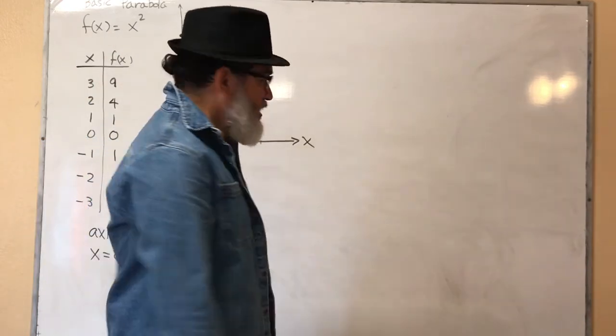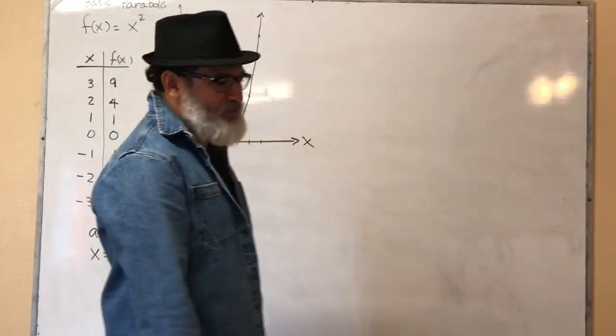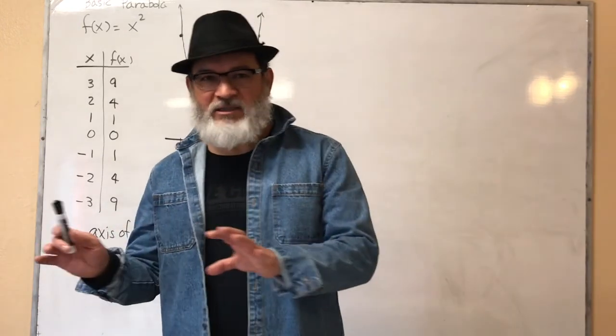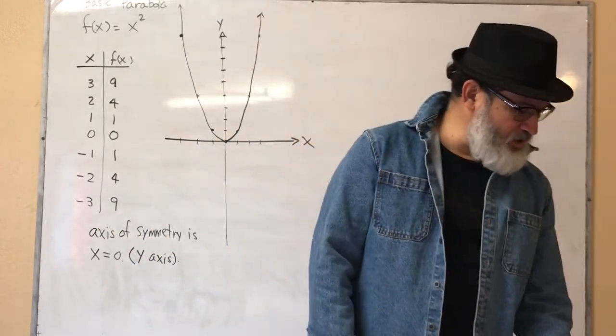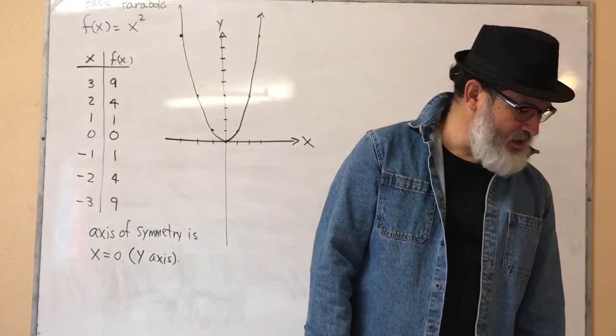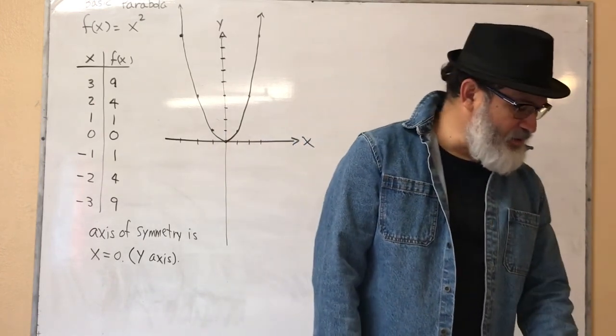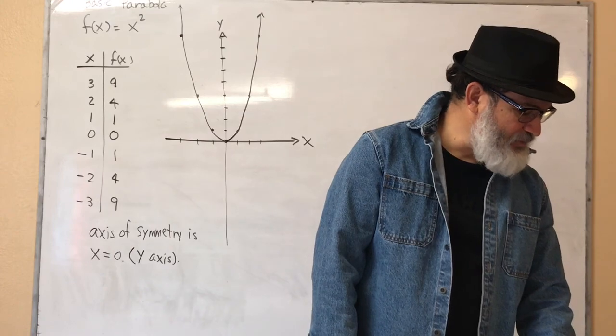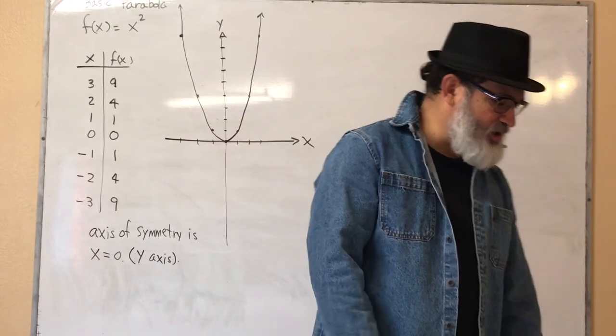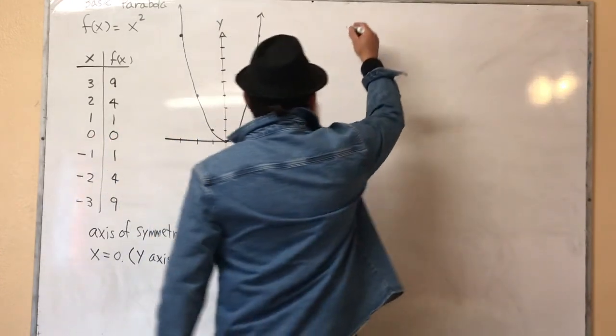Note, if you want to shift this parabola sideways, on page 238 of the book, it says, let f of x be a function.